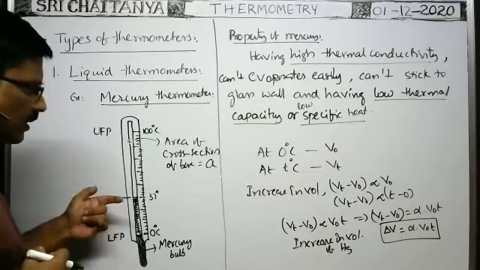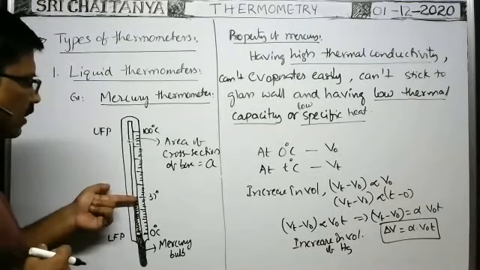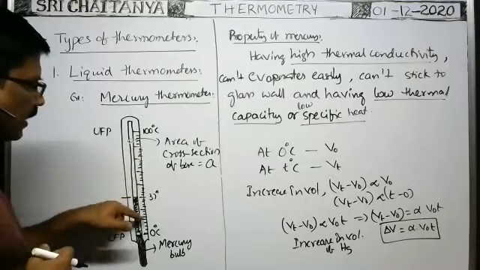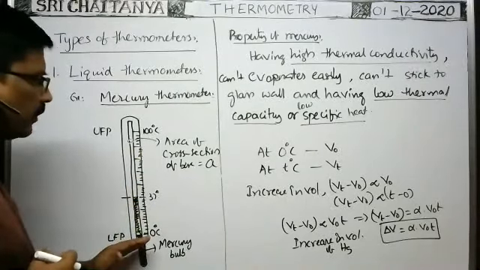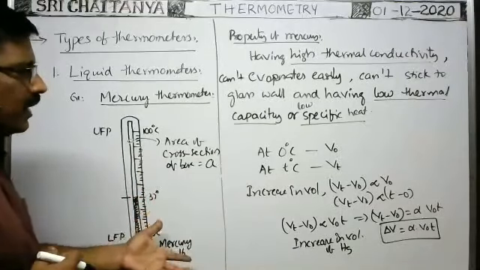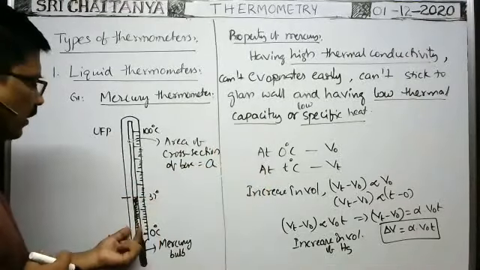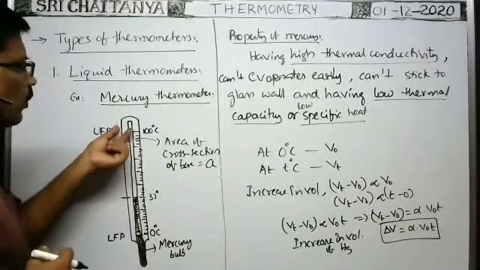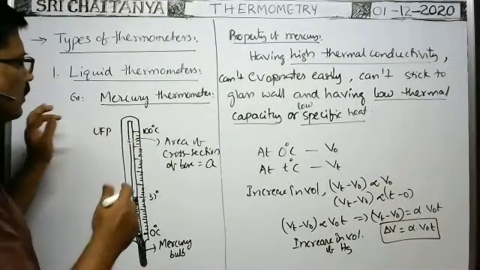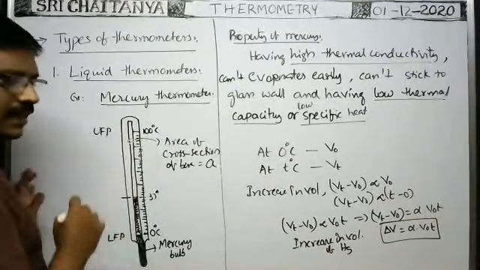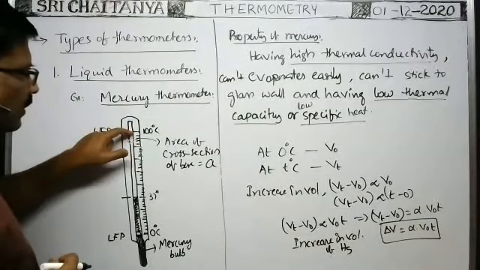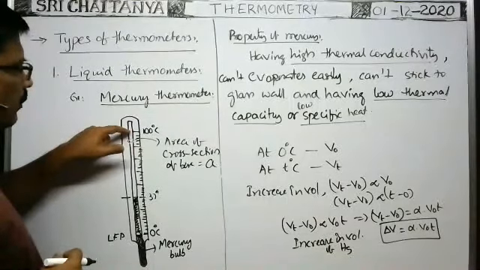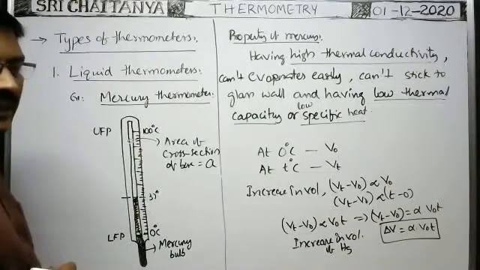So at 37 degrees centigrade, as the mercury level is up to here, 37 degrees centigrade is marked on this scale. Similarly, if the temperature of the mercury is 100 degrees centigrade, the expansion will be more, so the mercury level rises more and reaches this point, which is marked as 100 degrees centigrade.